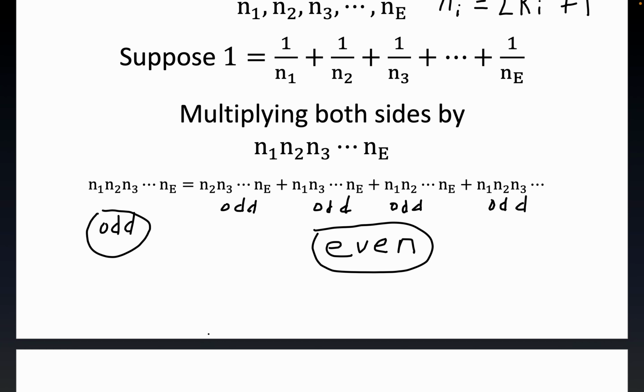Just a simple example. If you added 2k plus 1, this is just an even number of times, it gets the point across, plus 2m plus 1.